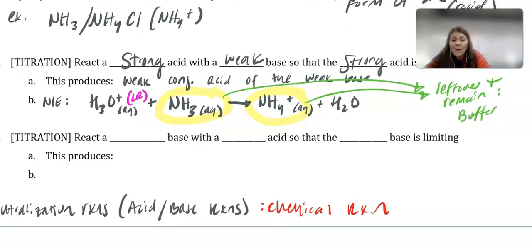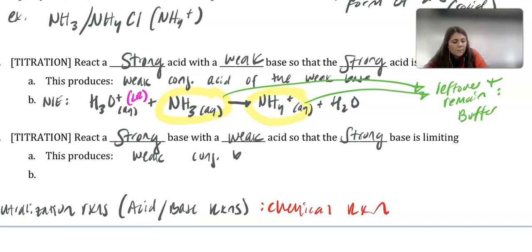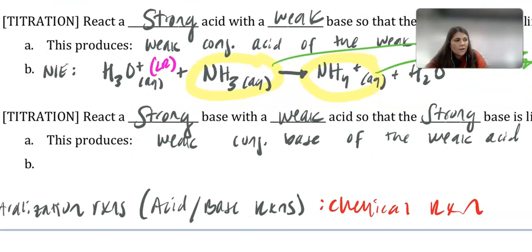Next, let's do the opposite. Here we'll have a strong base with a weak acid so that the strong base is limiting. This is going to produce that weak conjugate base of the weak acid. So let's write what that reaction would look like. For strong bases, we'll write hydroxide.